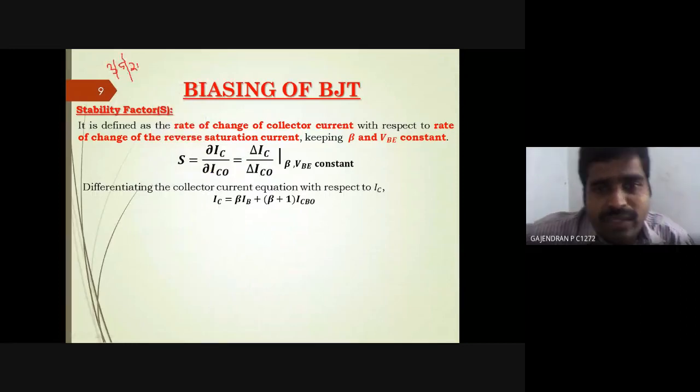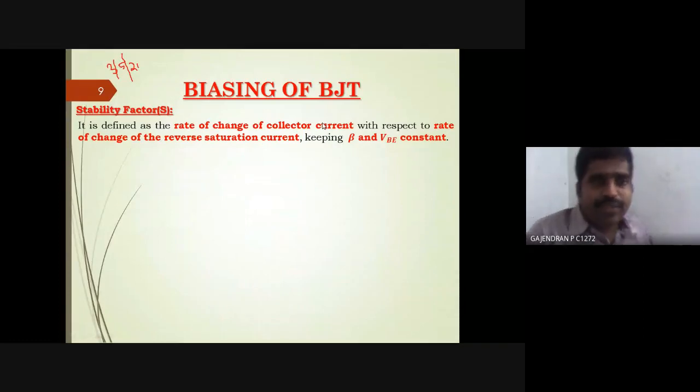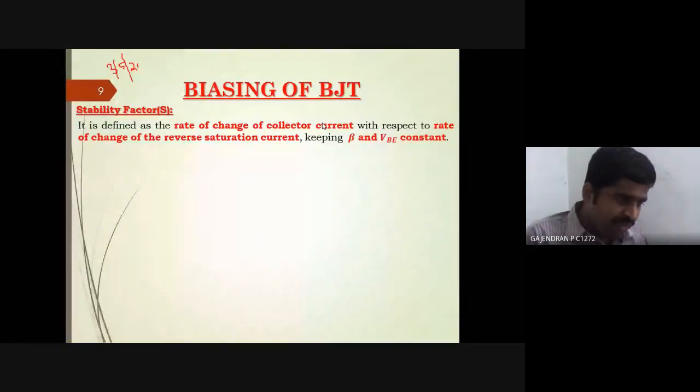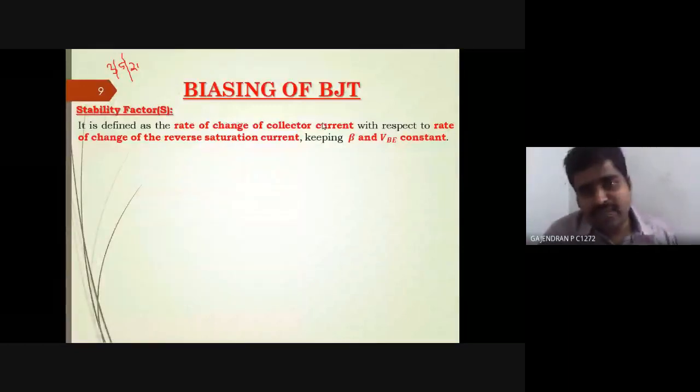So this is a new thing we are going to start discussing today. By definition, can anyone tell me what you have understood from these two lines? Quickly. Stability factor means what?